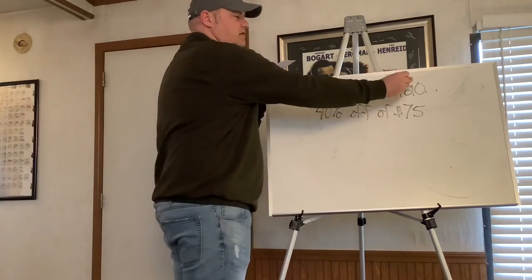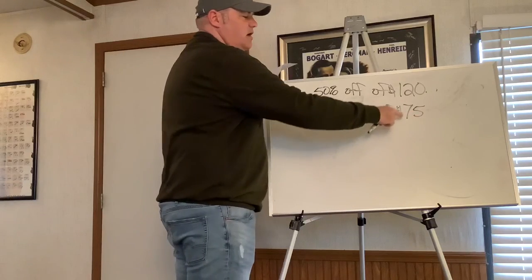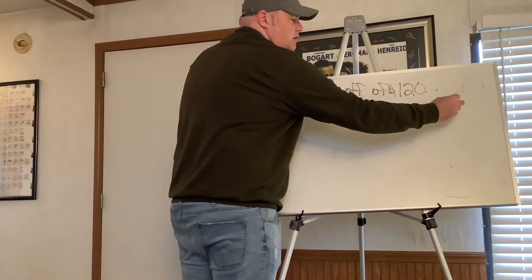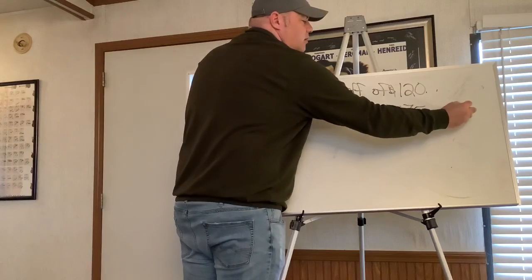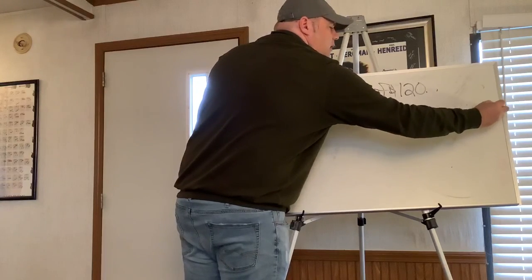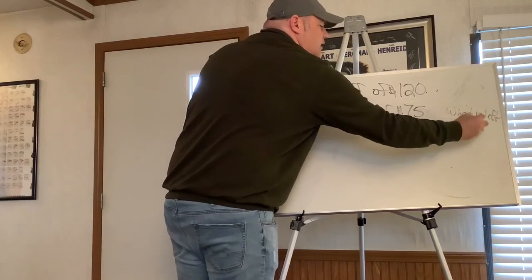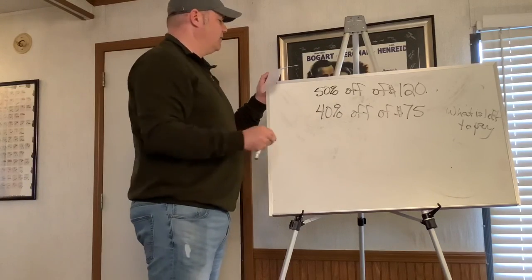Okay, so take 50% off and then tell me what you're paying. Take 40% off and then tell me what you're paying. So you're going to tell me that what is left to pay. Okay, so you're finding how much off this is and then telling me how much you're going to pay.